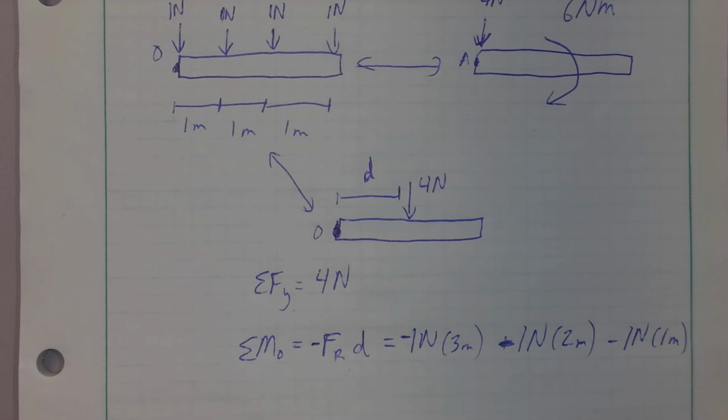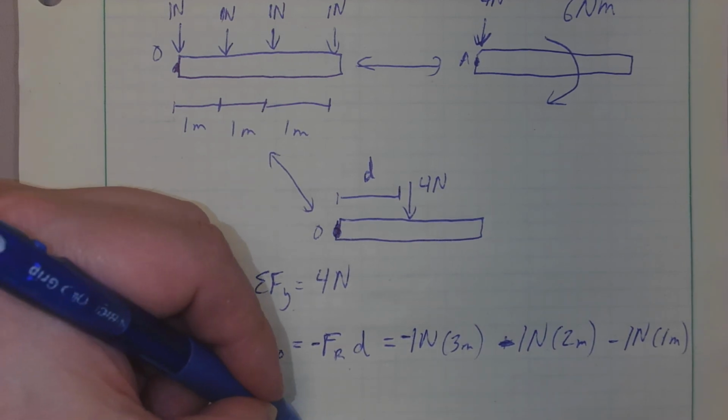And so notice what I've got here. Essentially I've got 3, I've got 2 more, so I've got 6 newton meters. All right, and then I've got a resultant force here of 4 newtons.